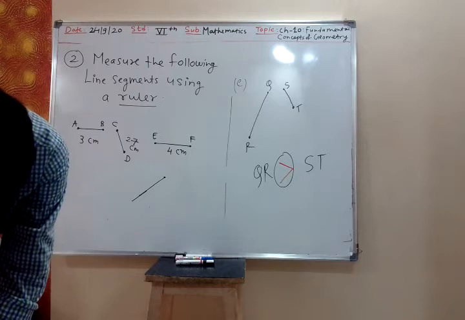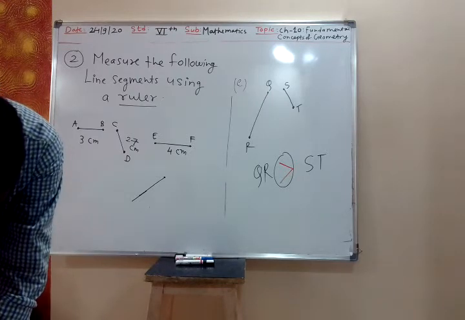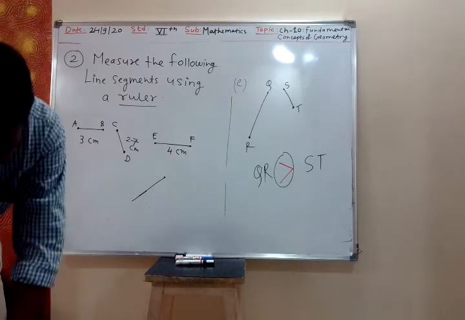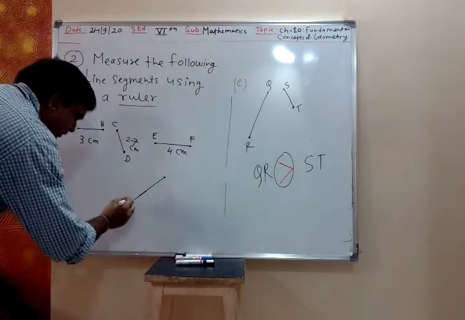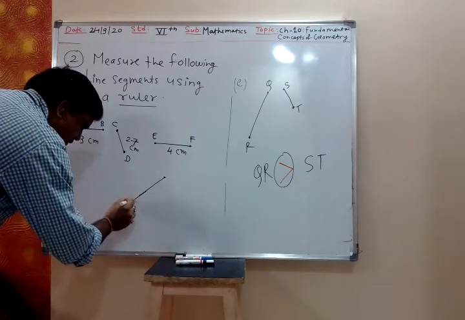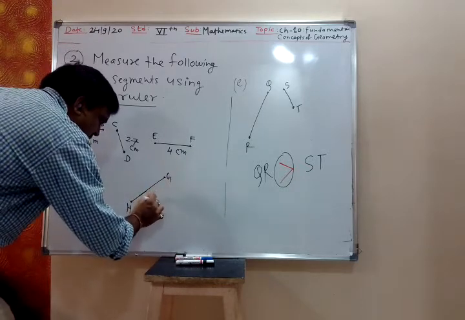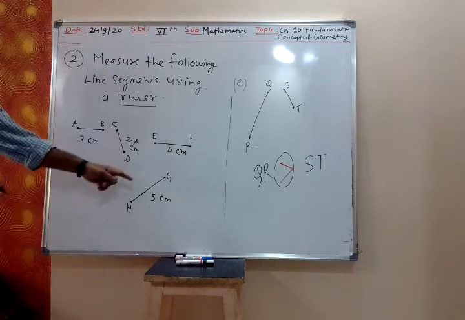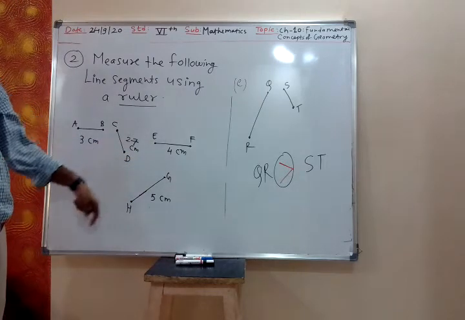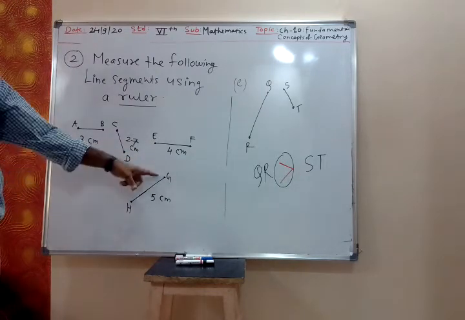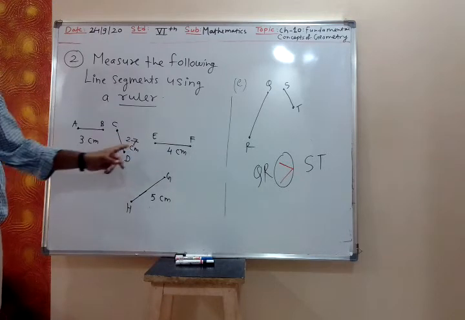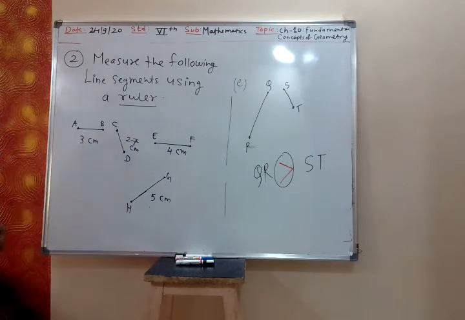Then HG is 5 centimeter. GH is 5 centimeter. Draw the line of 5 centimeter. Draw the line of 4 centimeter. Draw the line of 2.7.